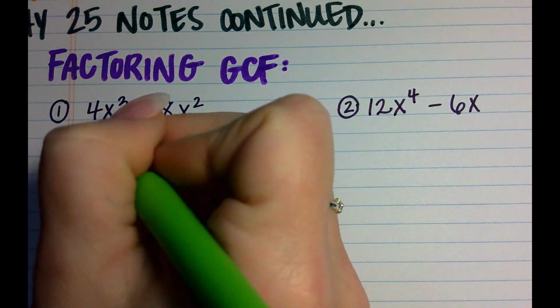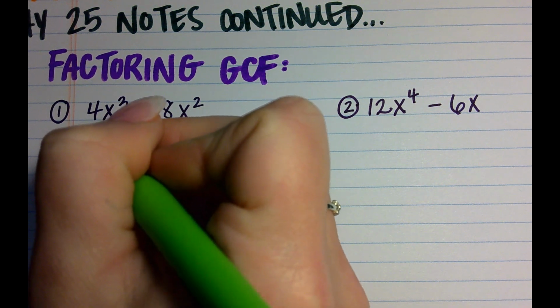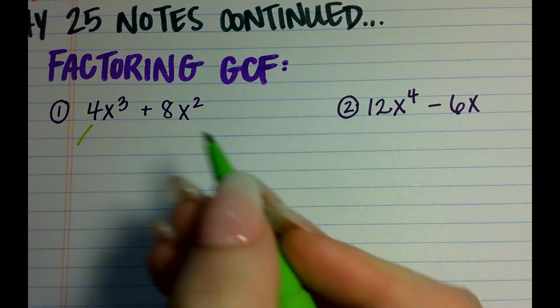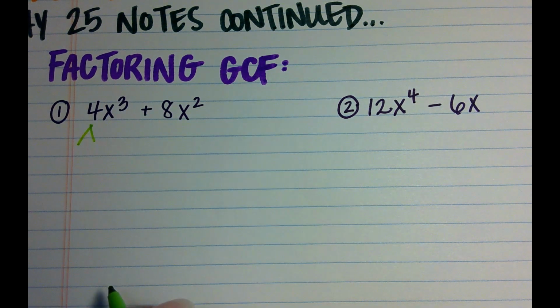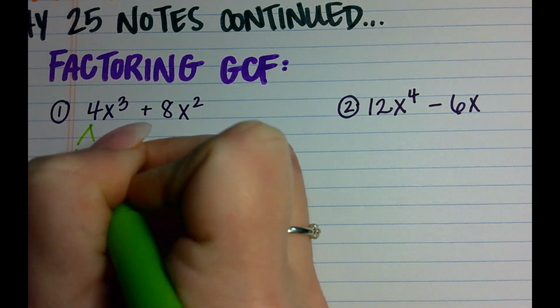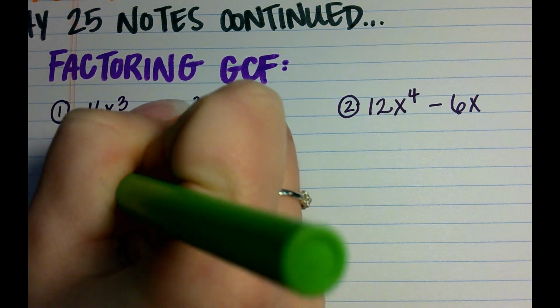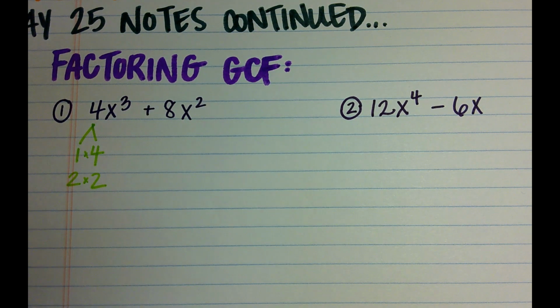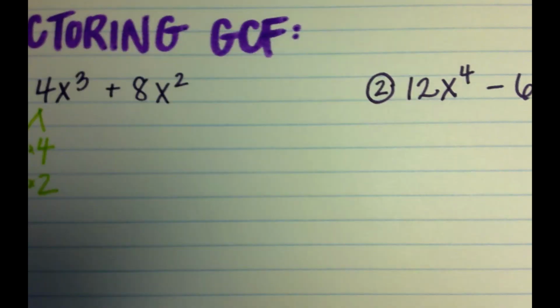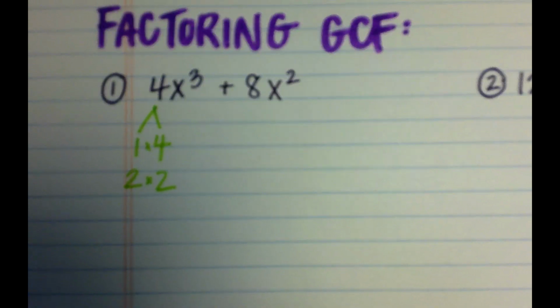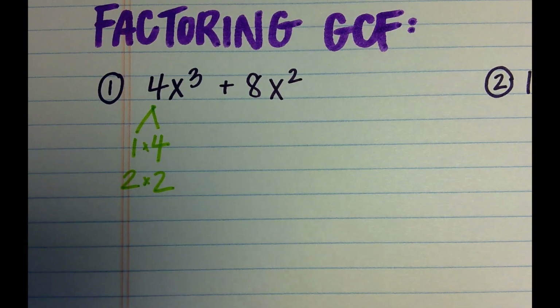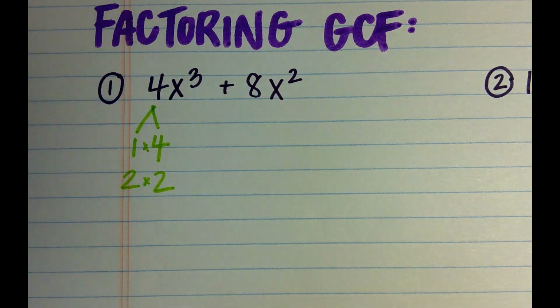I'm going to do it like this. What numbers can I multiply together to get 4? 1 times 4. What else? 2 times 2. That'd be a little difficult to see. Can you guys see the green is a little light? Okay.